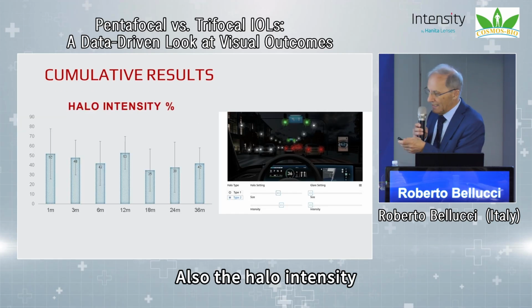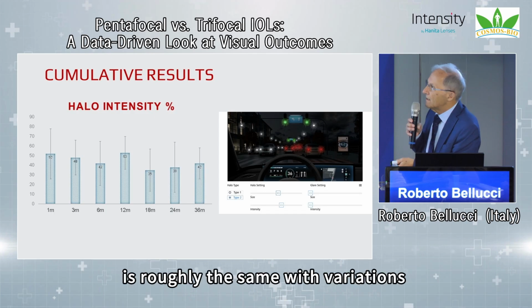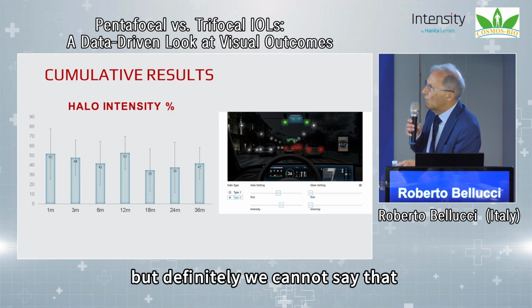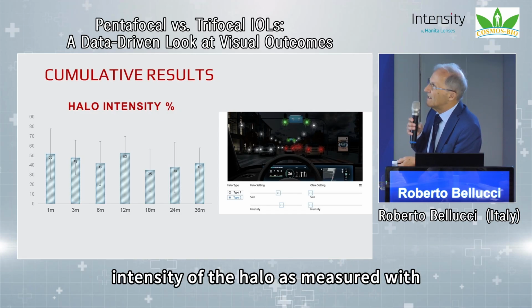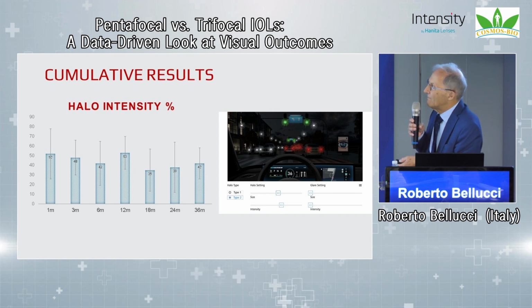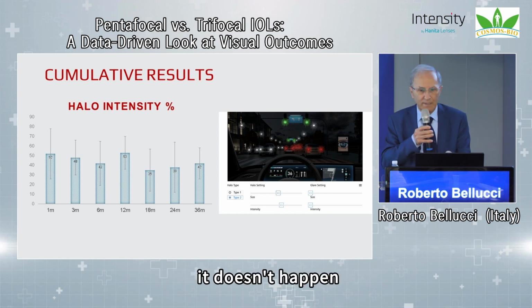Also, the halo intensity is roughly the same with variations, but definitely we cannot say that the intensity of the halo as measured with this test decreases with time. It doesn't happen.